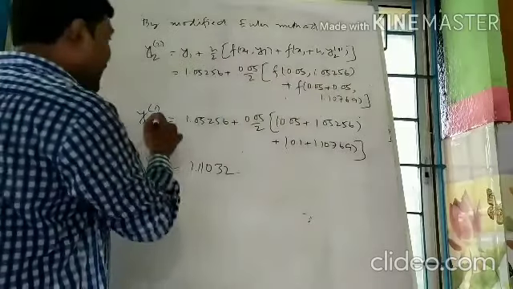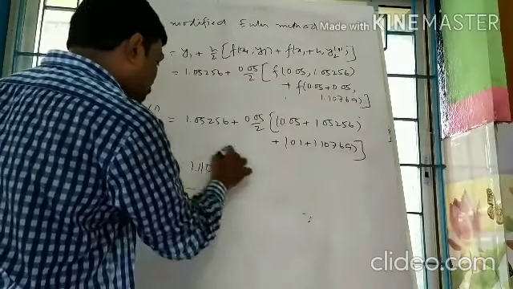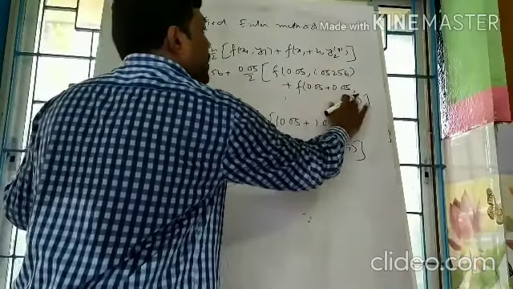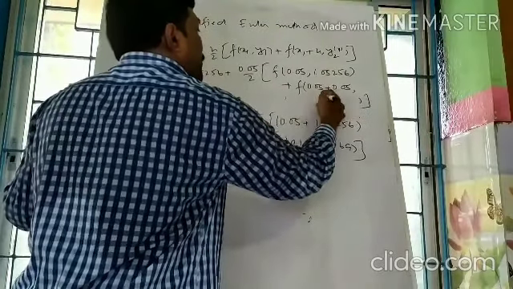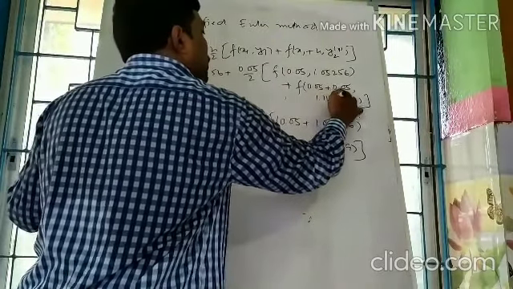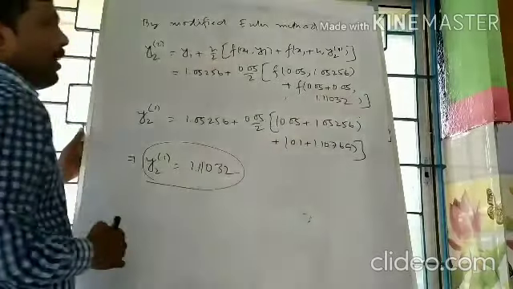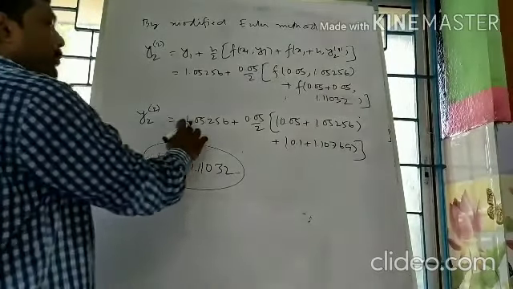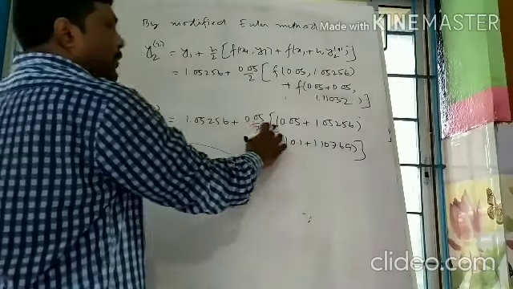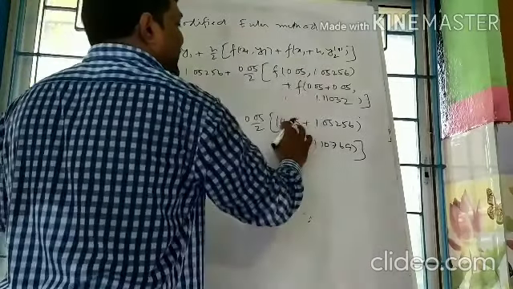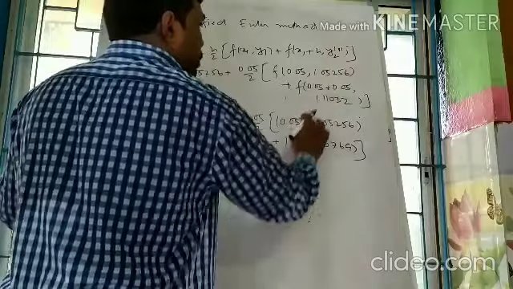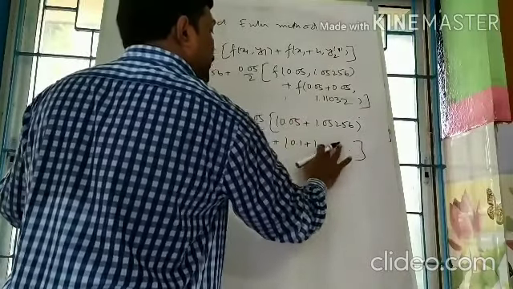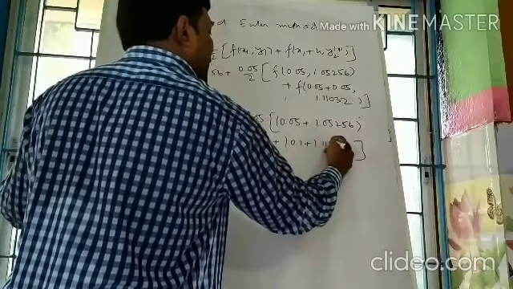What is y21? y21 is 1.11032, so in place of this, just write 1.11032. So the second approximation of y2 is 1.05256 plus 0.05 by 2 f of x y, that is x plus y, plus this is 0.1 plus 1.11032.